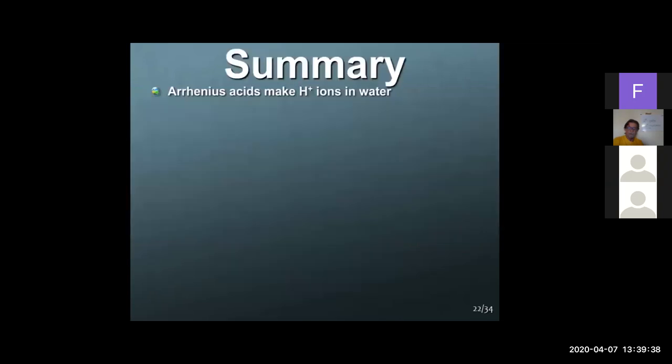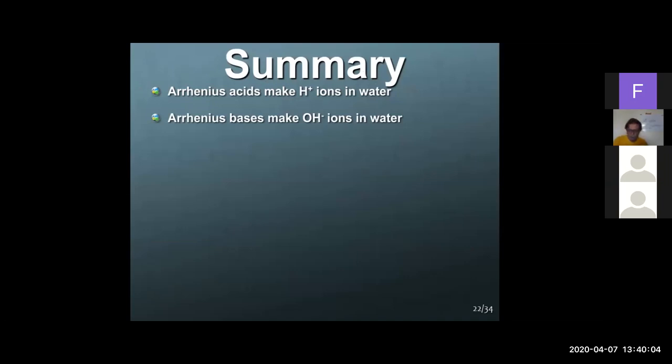Okay. Now, summary with respect to acids. By definition, Arrhenius acids are any chemical that makes H plus, or the proton ions, in solution. Arrhenius bases are any chemicals that will make the hydroxide ion in solution.